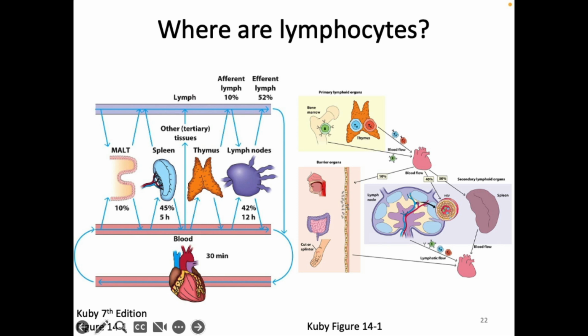Some of those cells are going to travel between organs in the blood, so some fraction of them are in the blood at any given time. Some of them are going to travel through the lymphatic vessels, so some of them are in the lymph fluid at any given time. You can see some of them are just in other tissues.